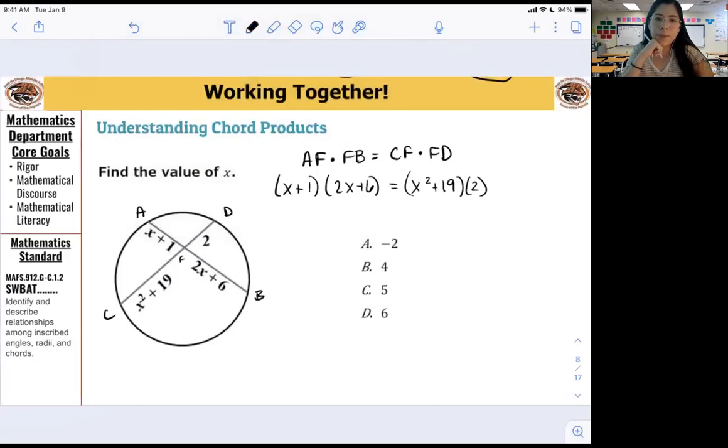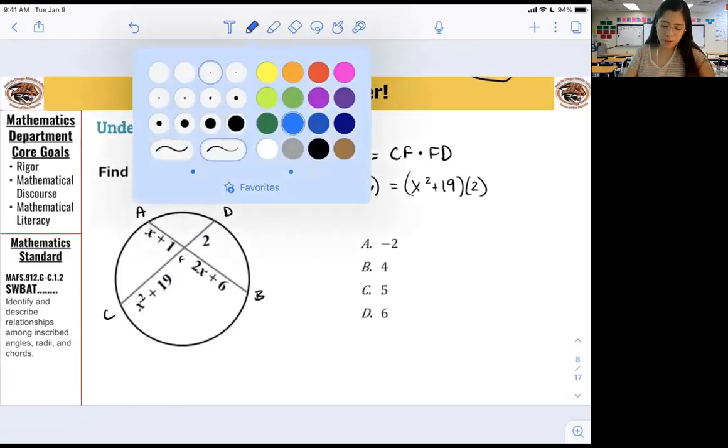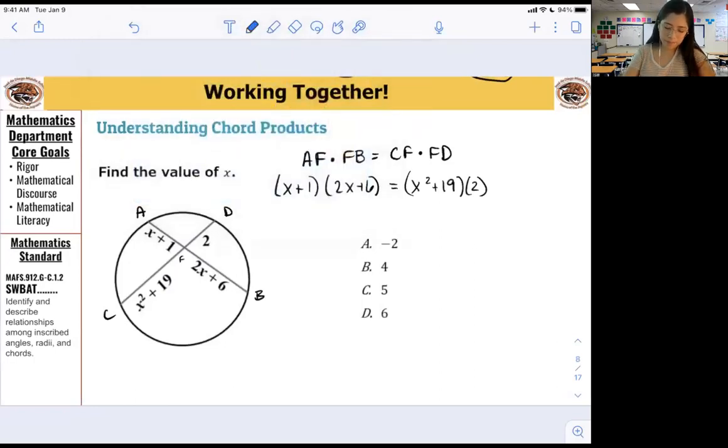So I filled in my blanks, and I bet most of you already know what to do now. What do I have to do on the left side? Good, I'm seeing a couple people sending it to me. On the left side, I'm multiplying two binomials, so I'm going to have to FOIL.